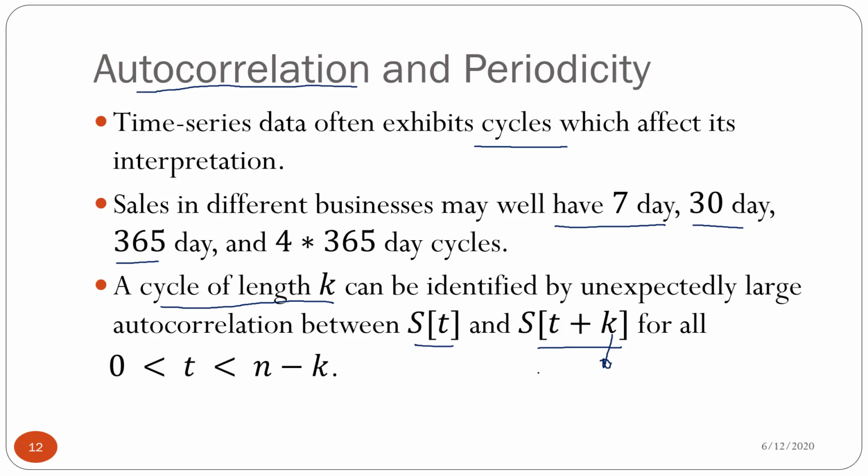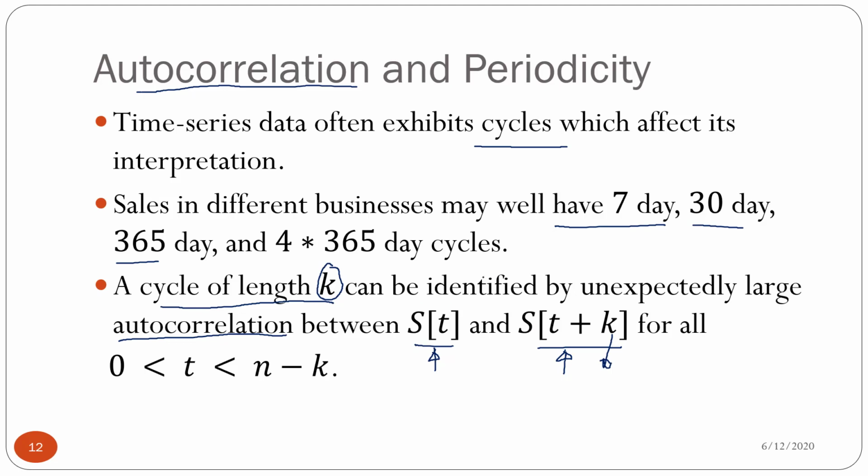So the important thing in this discussion is identifying the length of the cycle k, which depends on your application, okay, and also the concept of autocorrelation, which means finding the correlation with itself over different time intervals, right? So the correlation between the point at the time t and the point at the time t plus k.